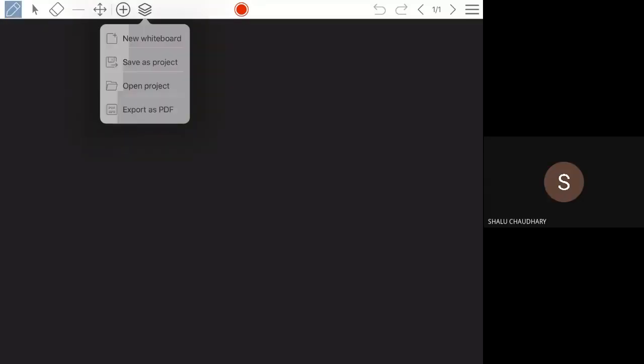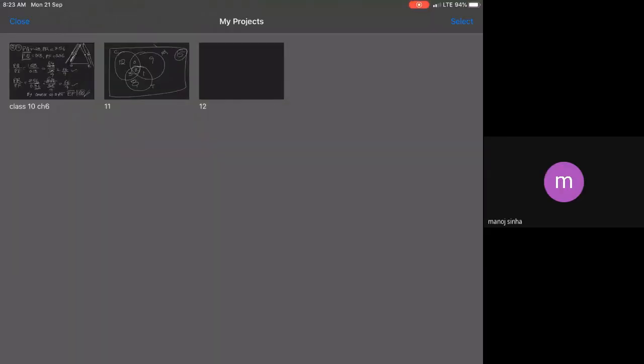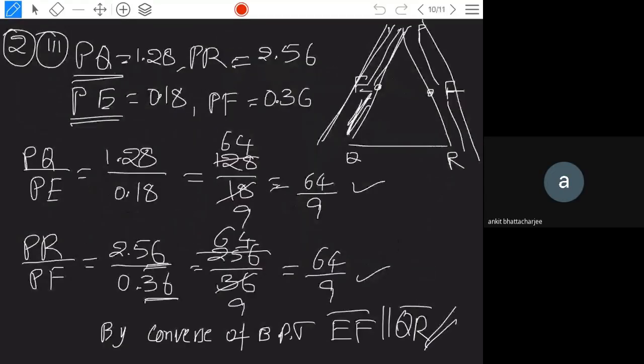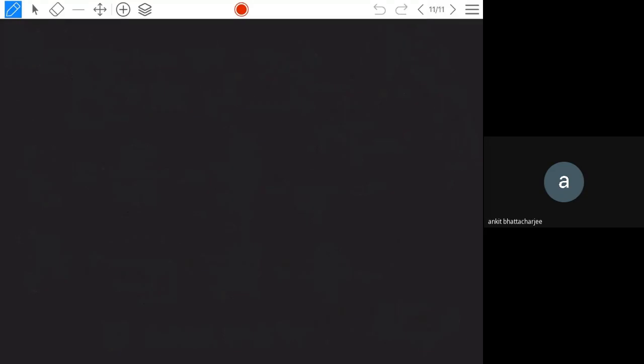Visible. So we have completed the first three problems of exercise 6.2. Is it visible to you?